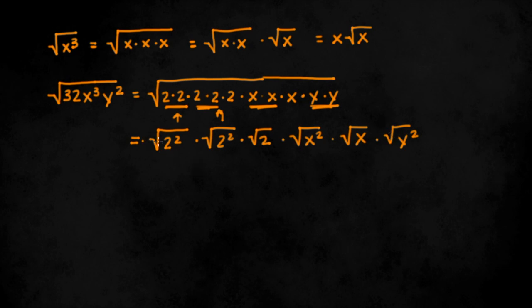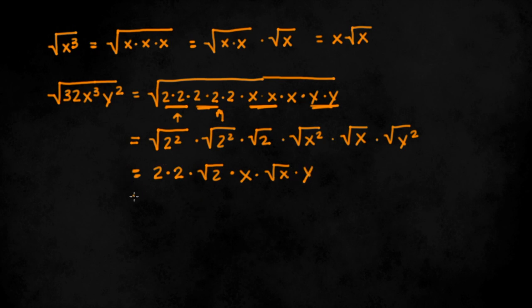If we are taking the square root of anything squared, it is just the number that we are squaring. So here we have the square root of 2 squared, which will just be 2. Once again, times 2 times the square root of 2 times x times the square root of x times y.